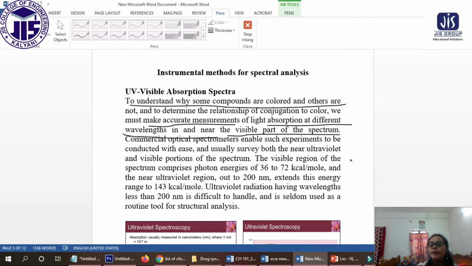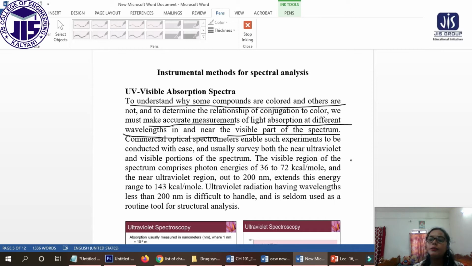Now what will happen, that excited state is not at all a stable state. So again the electron will come back to its ground state. Whatever energy it has absorbed, that energy will be emitted while it returns back to the ground state.